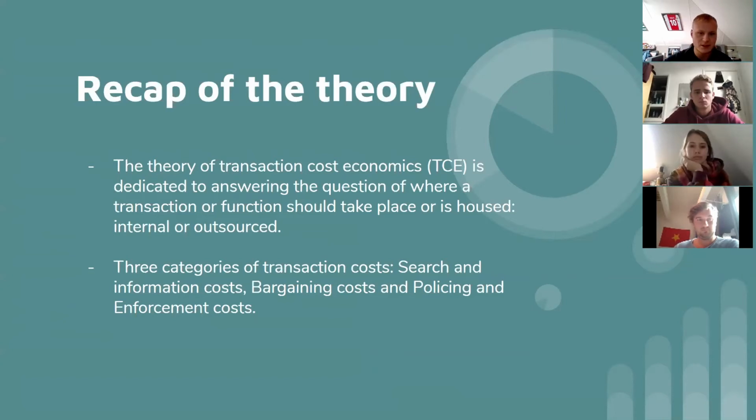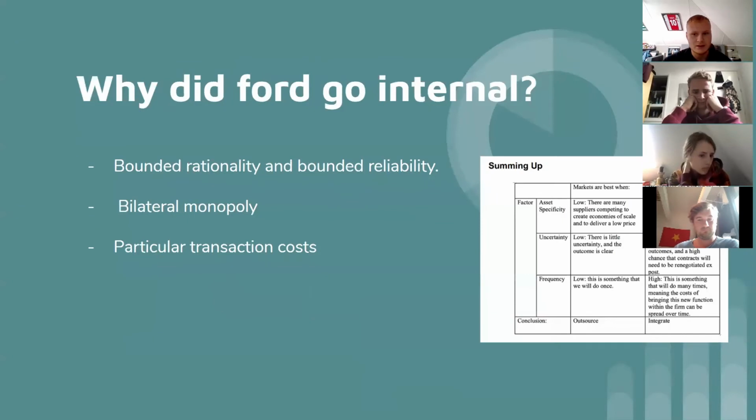There are three categories of transaction cost. One is search and information cost, the second is bargaining cost, and the third is policing and enforcement cost. So answering the question of why did Ford go internal, we have to talk about the bounded rationality and bounded reliability of transaction costs, and these are pretty much the answer to why transaction costs exist.